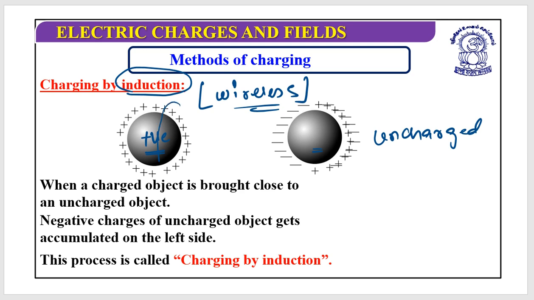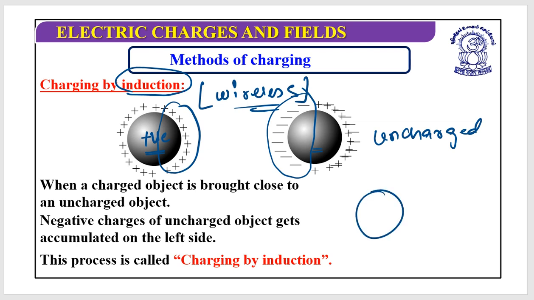Look at this. These are the positive charges. Due to positive charges on one side, it induces an opposite nature of charges on the other side. So here are the positive charges, so this body is having negative charges. This is charging by induction.